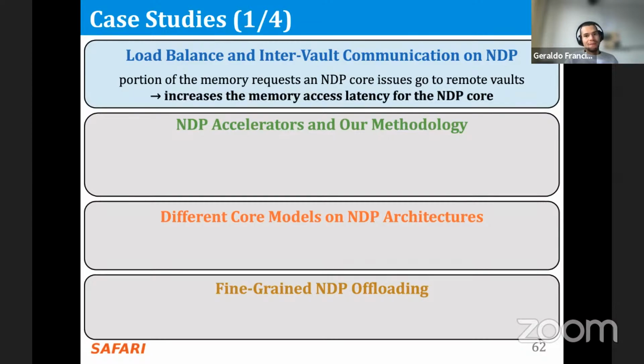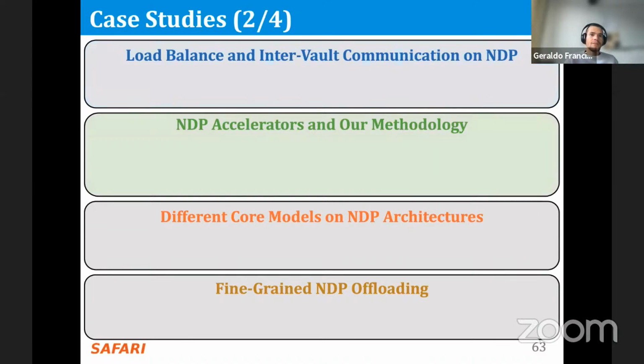We believe that DAMOV can be employed to study better data mapping techniques and interconnect network designs that aim to minimize the number of remote memory accesses that the NDP core executes, and also the impact of the interconnection network on the memory performance, and the application performance, sorry. In the second case study, we evaluate the benefit that NDP accelerators can provide for 3 applications from our benchmark suite.